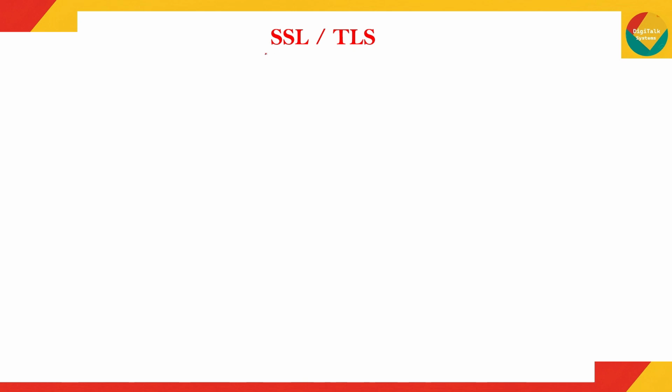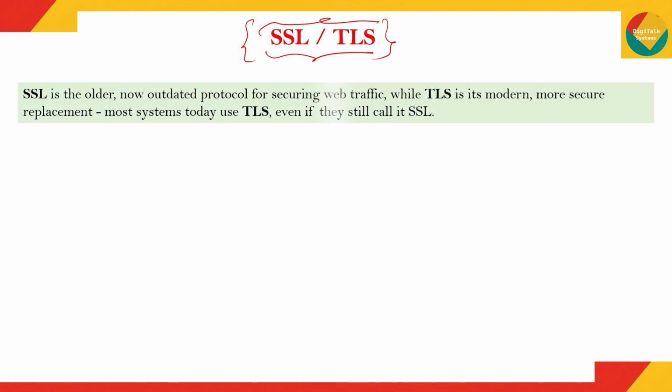So now what exactly is TLS? Everywhere you will see TLS. SSL is the older, now outdated protocol for securing web traffic, while TLS is the modern, more secure replacement. Most systems today use TLS even if they still call it SSL.